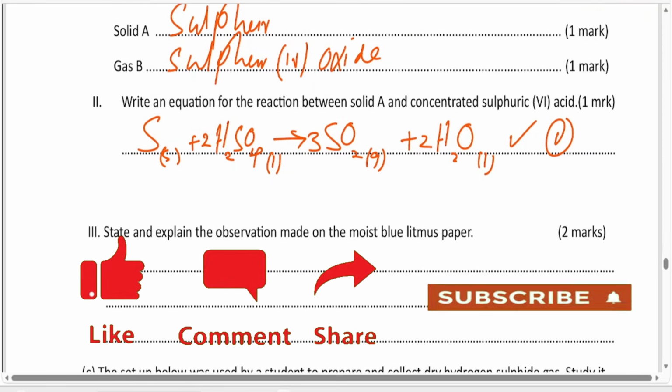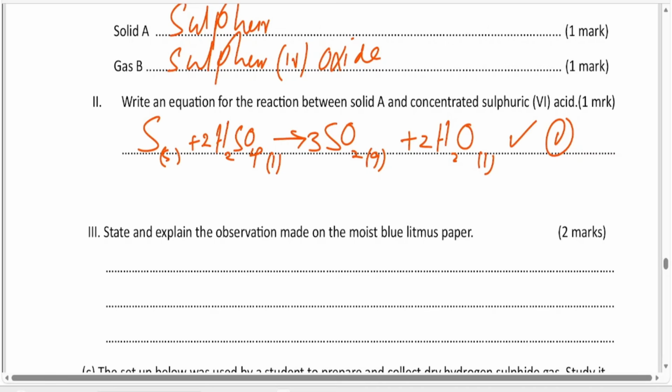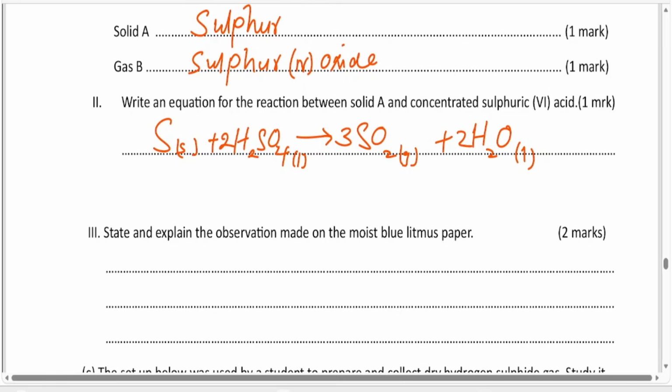Roman 3. State and explain the observation made on moist blue litmus paper. As we have seen, the moist blue litmus paper is first turned to red and then it is bleached. This is because of the presence of the sulfite ions from the sulfurous acid that is formed, that leads to the bleaching of the blue litmus paper.